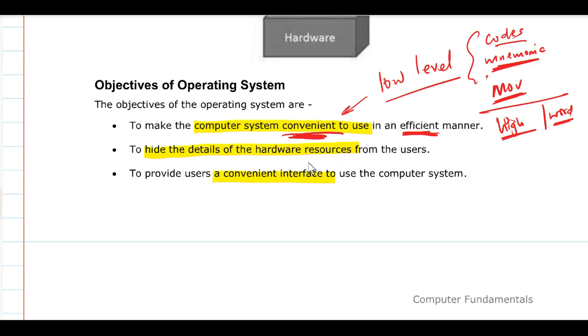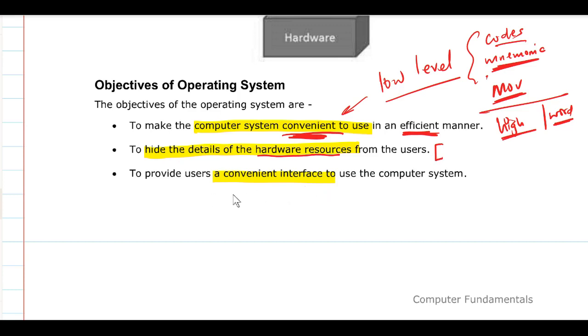The other objective of the operating system is to hide the details of the hardware resources from the users. Sometimes you don't want to know how much memory or RAM is being used by which application. Those details are hidden far away from the user. The only aspect the user is interested in is, can the computer do what I want it to do?